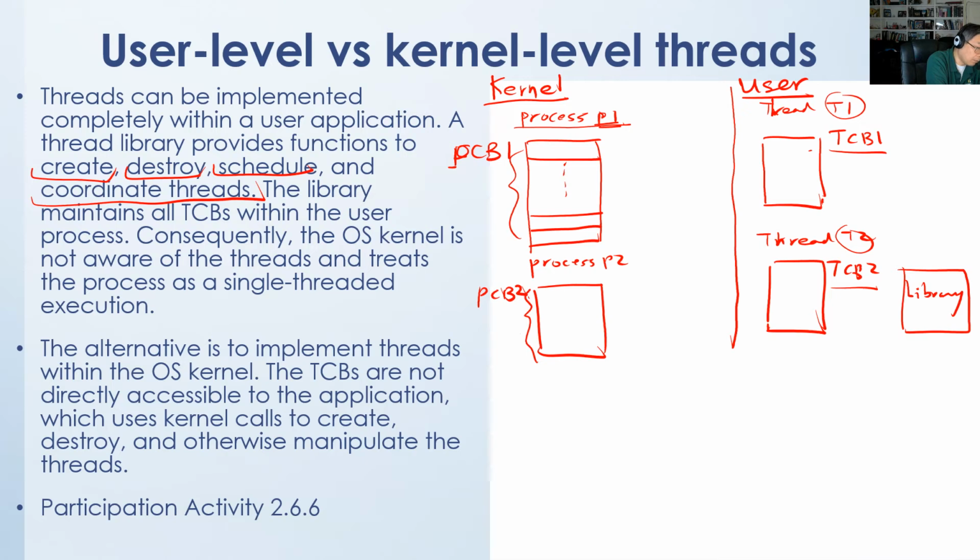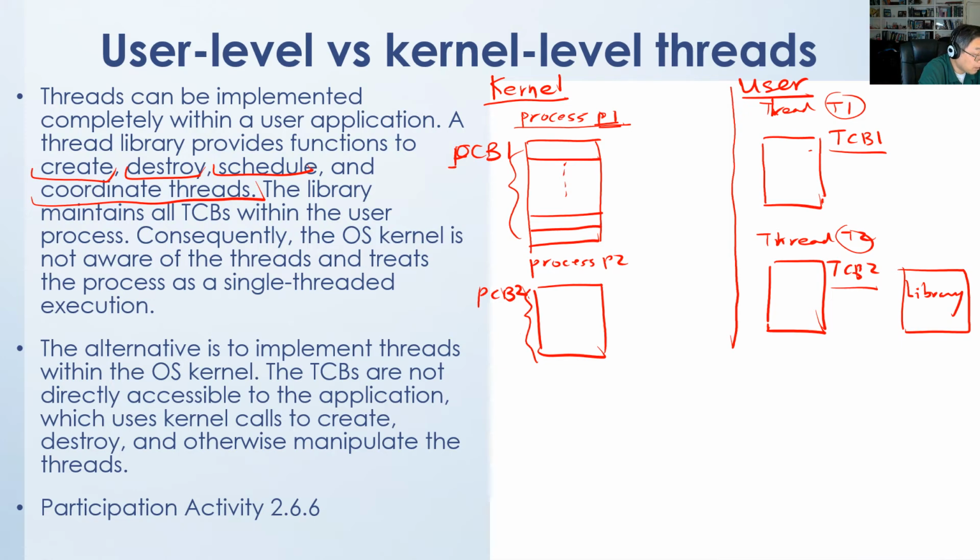This is very similar to the context switch between two processes, where you can switch back and forth between P1 and P2. But now you want to support context switching between two threads. So how does the system do that? Remember, the operating system is not aware of this, so this job should not be done by the operating system.